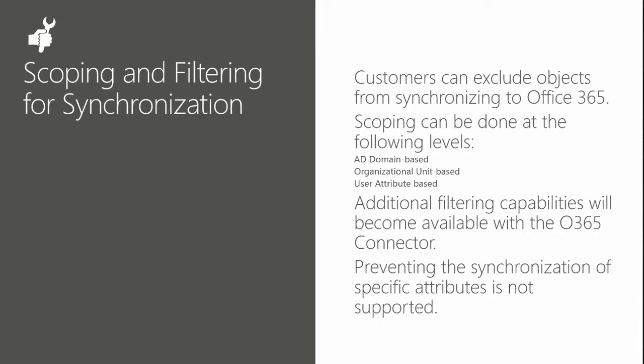We need all of the properties, whether custom properties or default properties that each user object has, to be synchronized up to the cloud. Largely the reason for that is there are a lot of different services behind Office 365 that make use of the directory, and we don't want any of those to fail for no good reason. So at the moment, the supported installation needs all of those properties to be synchronized up to the cloud.